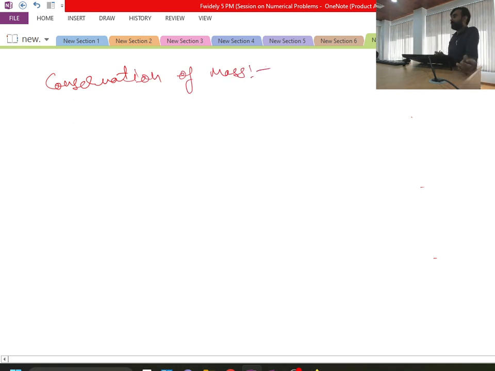Let me show the application of Reynolds transport theorem for the conservation of mass equation. If I talk about mass, then B is equal to M. Mass is my property. What will be beta, the intensive property per unit mass? So beta will be equal to 1.